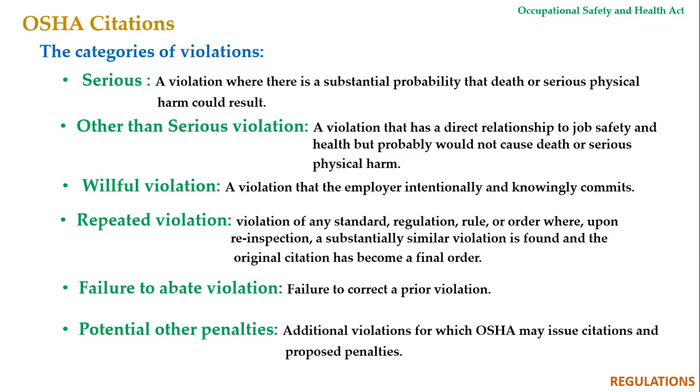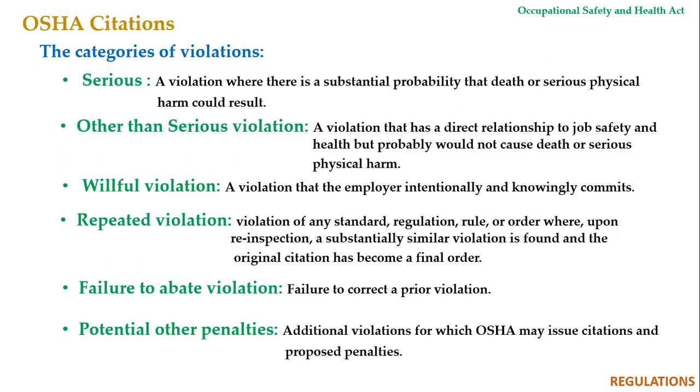Then next is willful violation, a violation that the employer intentionally and knowingly commits. Next is the repeated violation. So the violation of any standard, regulation, rules, or the order where upon re-inspection a substantially similar violation is found and the original citation has become a final order.